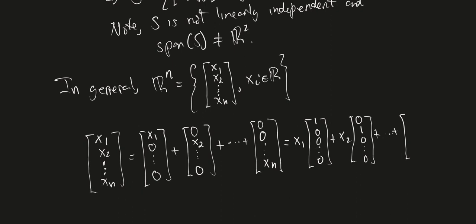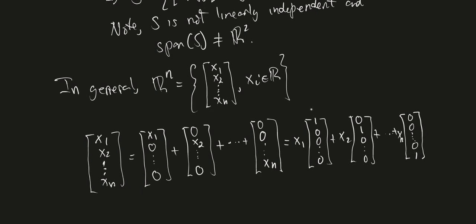Where they're filled almost entirely with 0, but just one component is equal to 1. The very last one, that's xn, it will be 0 0 dot dot dot, say 0 and then 1, like that, right? And these now form a standard basis for Rn.